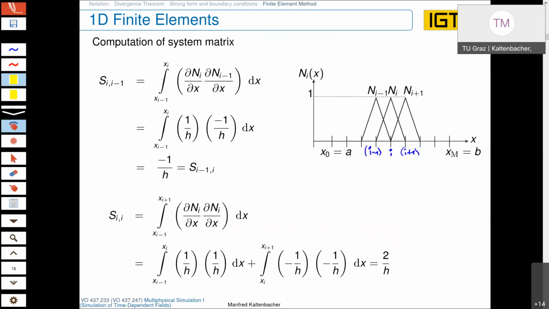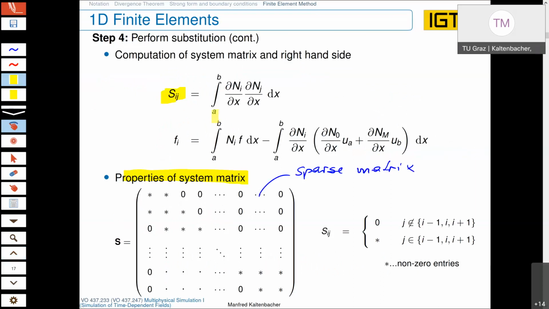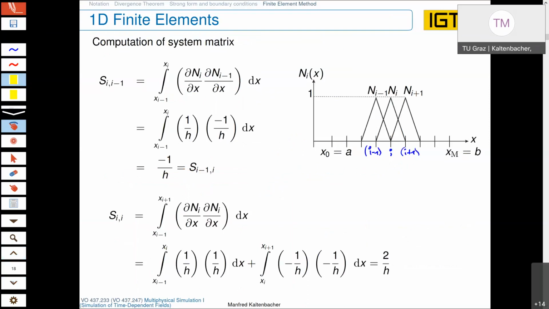And what you also see here already, we don't integrate over the whole computational domain. It makes no sense because they all have local support. Therefore it's enough when we integrate from x_{i-1} to x_i.